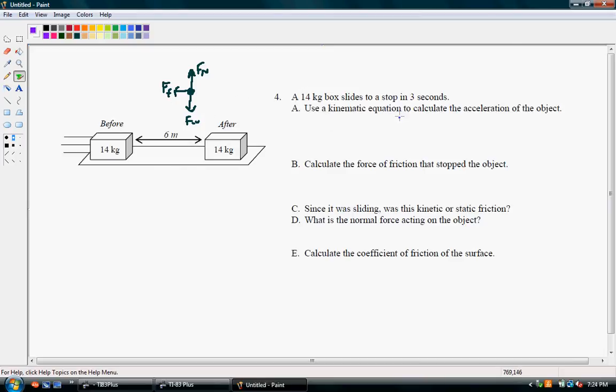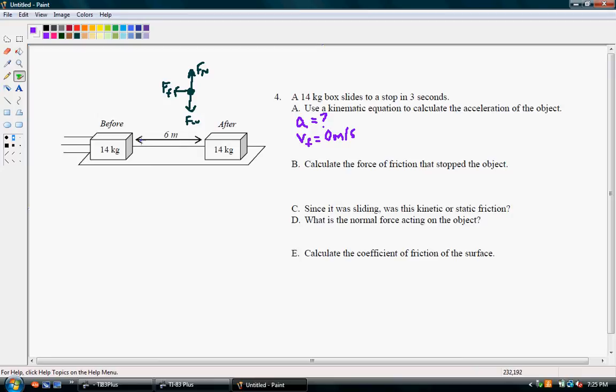So we're going to figure out what variables we have so we can go ahead and plug this into a kinematic equation and solve for acceleration. Well, we're trying to solve for acceleration, so that's one of our variables. And it was moving. We don't know what the initial velocity was, but it stopped. So our final velocity is 0 meters per second.